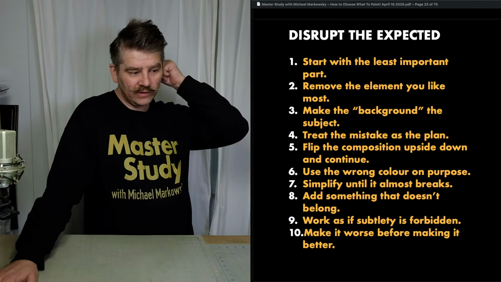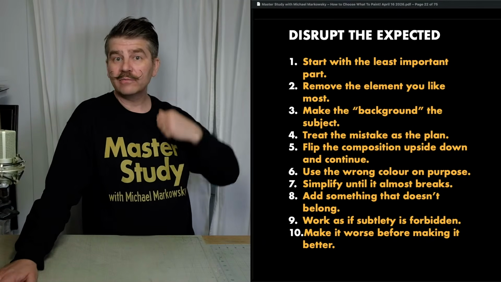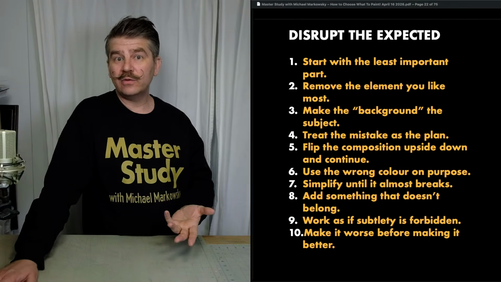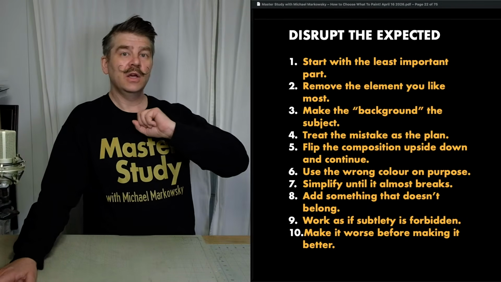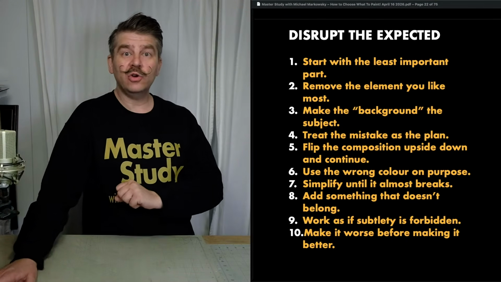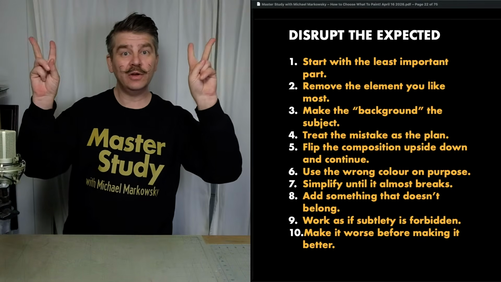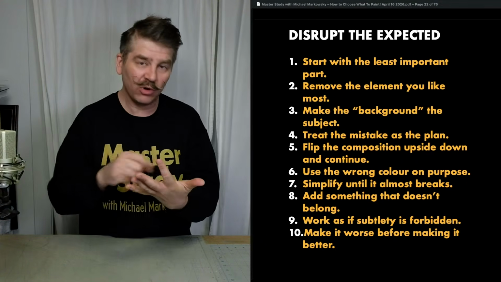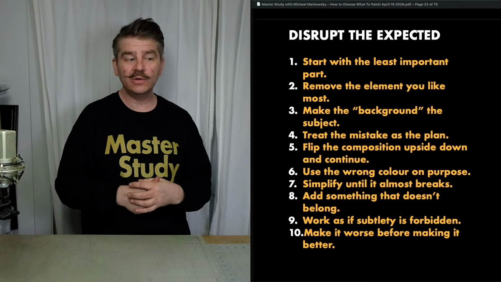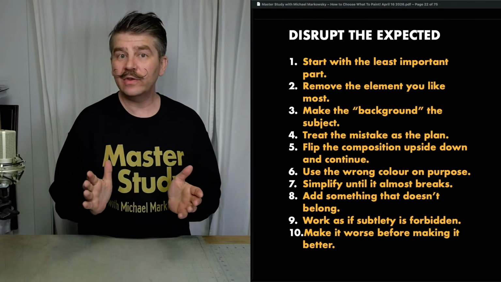Number 6 is using the wrong color on purpose. This is something I ask my students, often really young students, to do when they're painting portraits. I say, you're painting a self-portrait, you can use any color except the right colors. So you can't spend an hour trying to mix a perfect skin tone, because you're not allowed to use that skin tone.